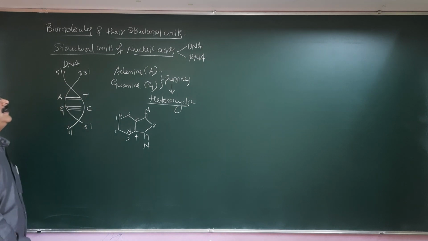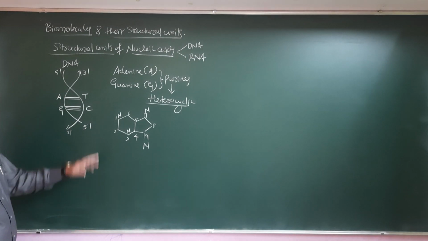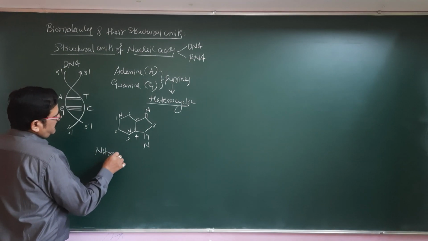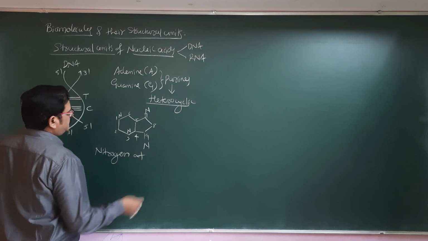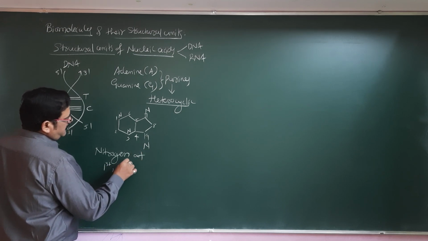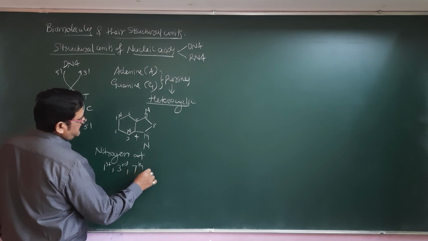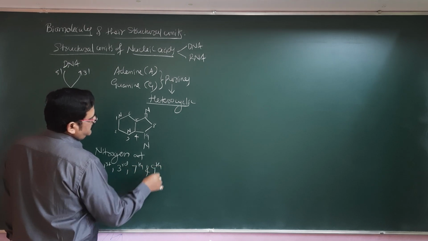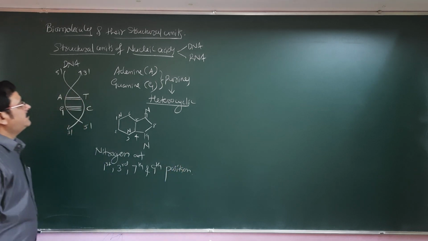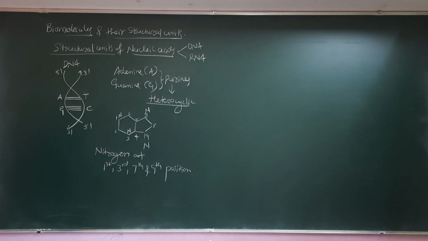So adenine and guanine are the purines, they are heterocyclic compounds, and they have nitrogen at the first, third, seventh and ninth positions. Well, this is about the purines.